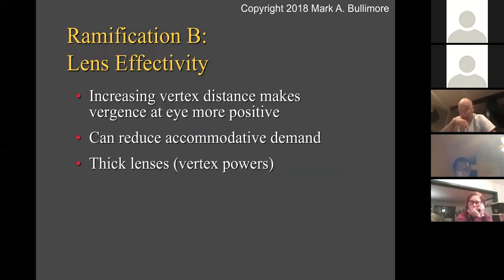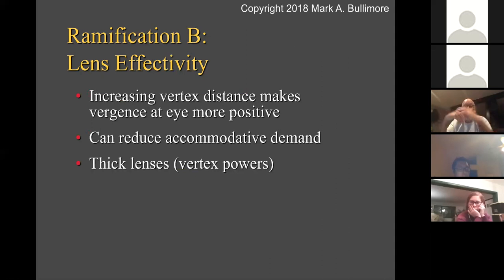The other ramification of light's vergence becoming more positive is that increasing our vertex distance means what hits the eye becomes more positive. It's an old trick that you sometimes see presbyopes learn, that if they have a high enough prescription, and it doesn't matter whether they're a myope or a hyperope, they'll move their glasses down their nose to read.